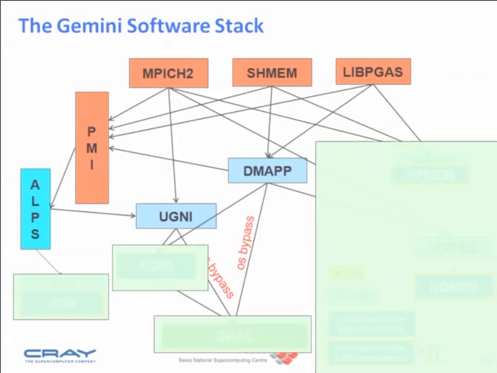You can use SHMEM libraries, or you can use UPC or Co-Array Fortran that rely on this libpgas library. All of them are implemented through the DMAPP calls, okay? And ALPS is the launch daemon. It is controlling all these kinds of things, and it's talking to the lower components to make the communication work.